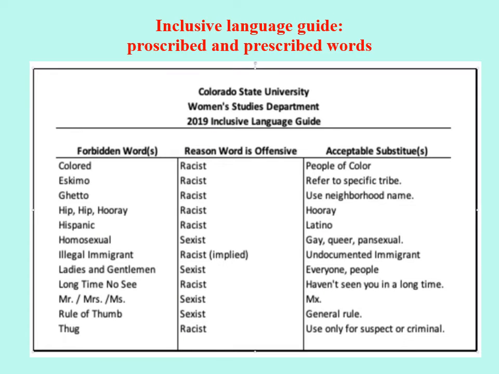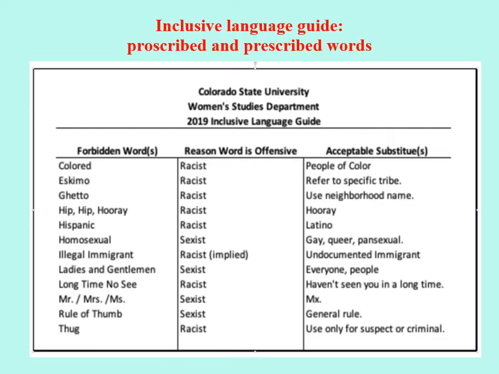Now here is an example of an inclusive language guide. Proscribed or prohibited and prescribed or required words are listed and the reason given. So for example, a word like colored is deemed to be racist, but people of color is okay. Eskimo is supposed to be racist, but you have to refer to the specific tribe and that's okay. Ghetto is racist. Using the name of the neighborhood is okay.